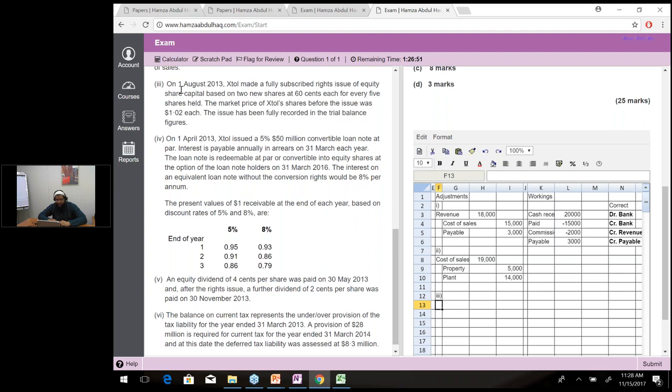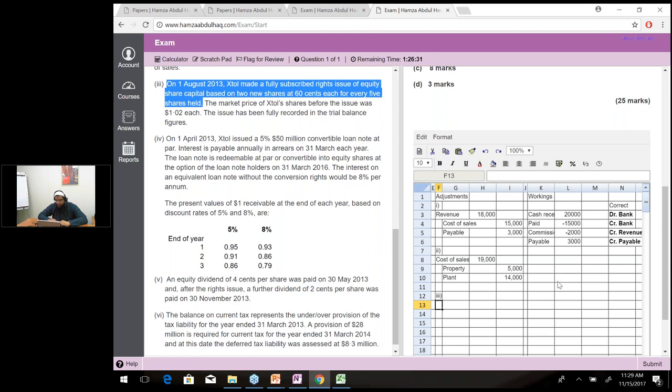So in adjustment number 3, the question says that on 1st August 2013, Extol made a fully subscribed rights issue of equity share capital based on 2 new shares at 60 cents each for every 5 shares held.